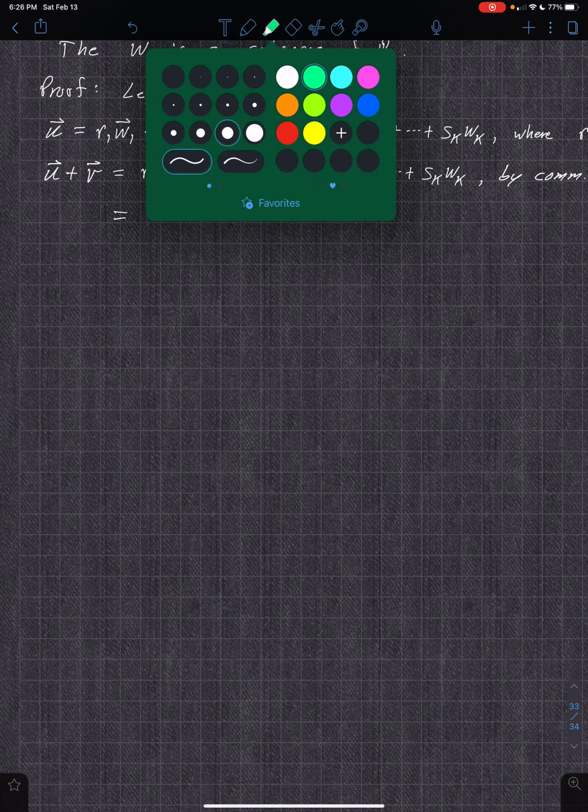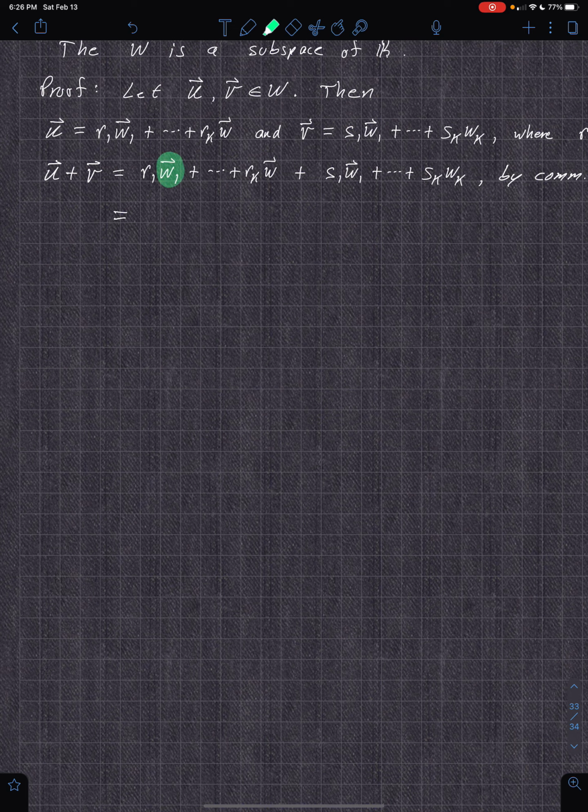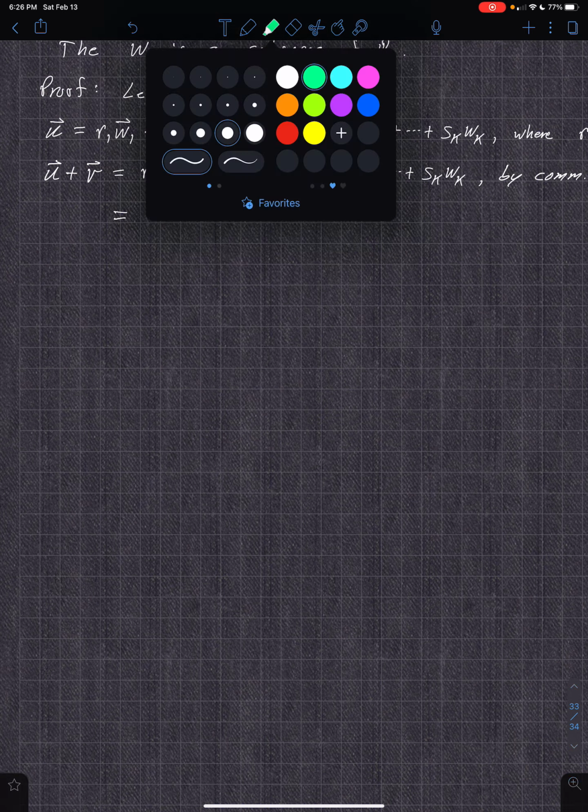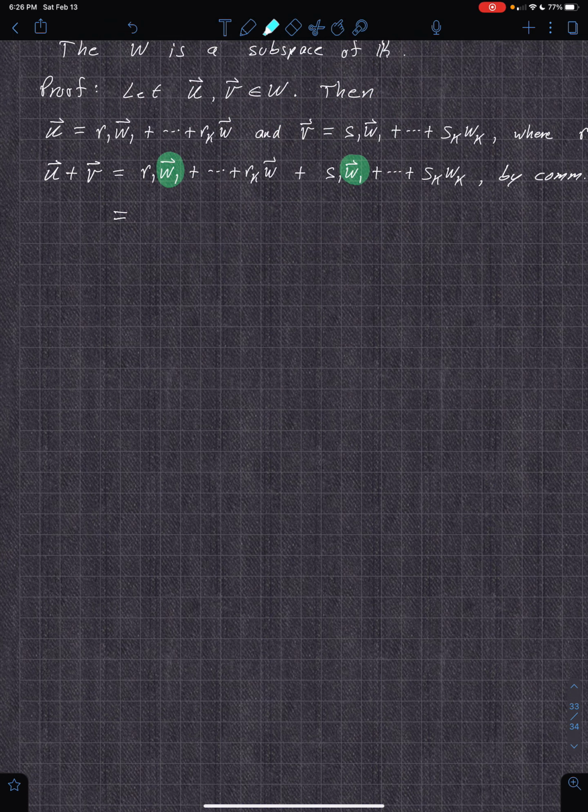Here's your w1, let's put those together, and then we're going to put together your w2s all the way to w sub k. Oops, I forgot a subscript there, didn't I? When you do that, you factor out the coefficient, and you have r1 plus s1 times w1. And you do that all the way down to rk plus sk times wk.